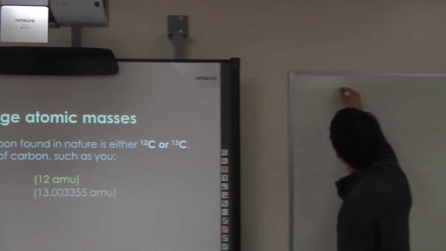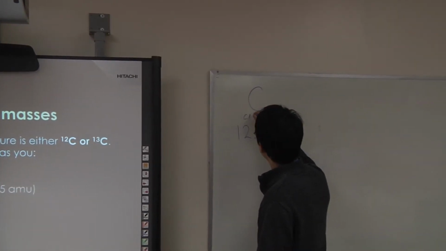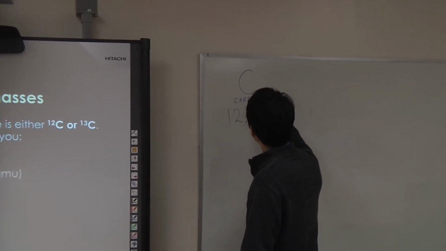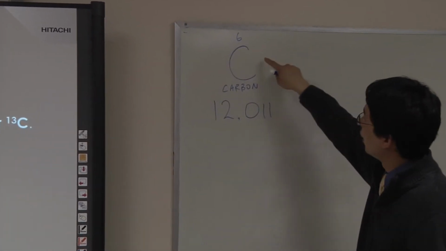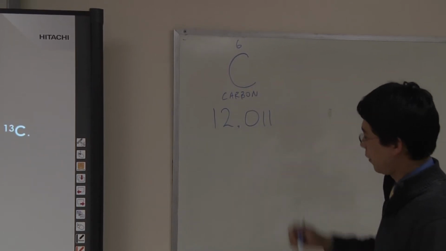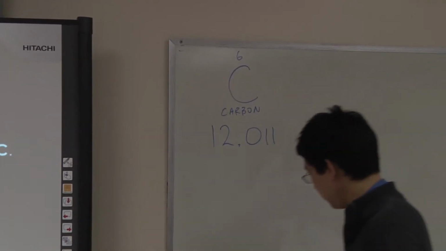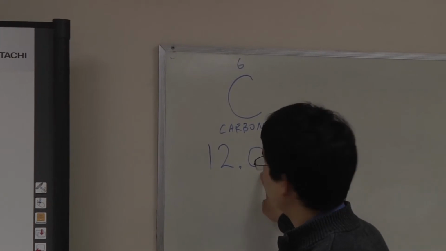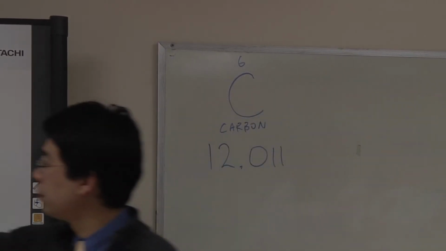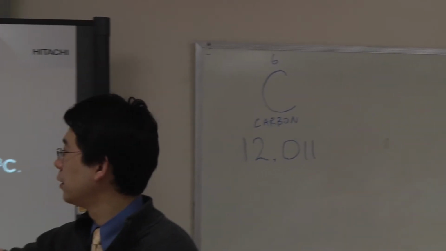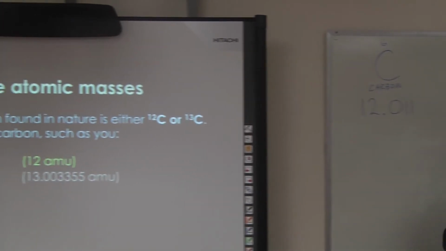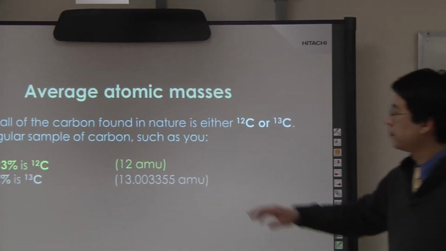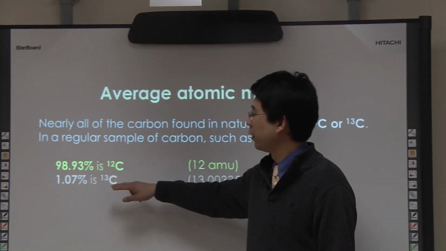So typically this is what it's going to look like, right? Carbon and 6. So you're going to have the atomic number, the element symbol, the element name, and the average atomic mass. Where does this number come from? Because it's not this, right, and it's not this. I'm going to show you where it comes from. It comes from a weighted average of the carbon-12 and the carbon-13.